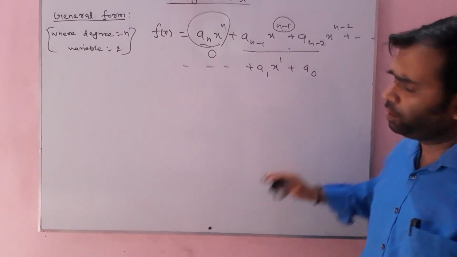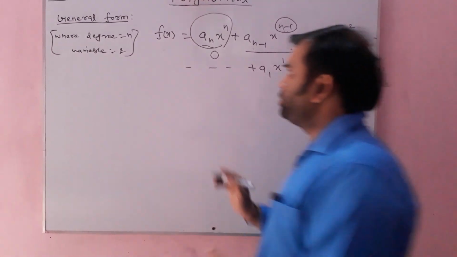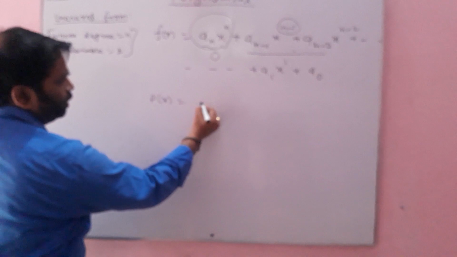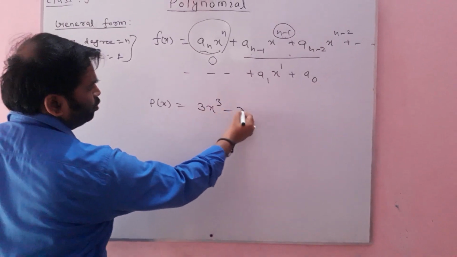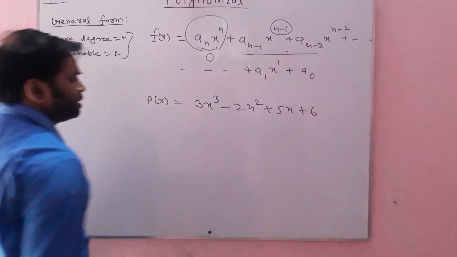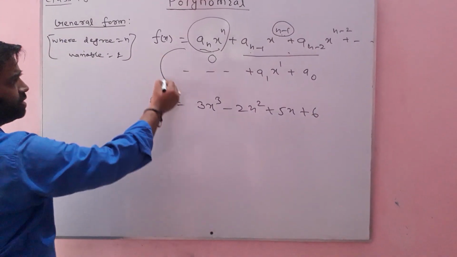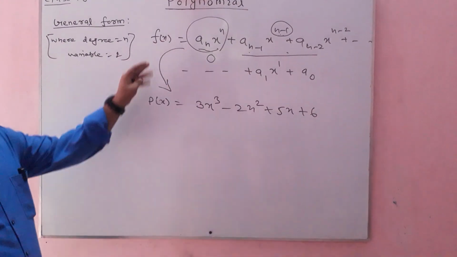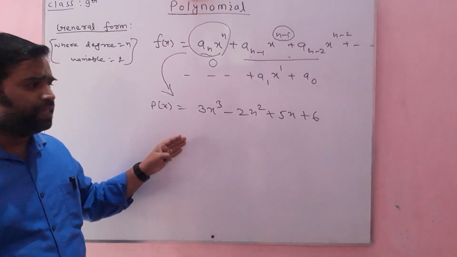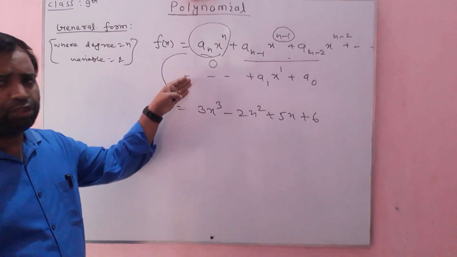General form of the polynomial. Let p(x) is equal to 3x^3 minus 2x^2 plus 5x plus 6. So how do we get the general form? What does it mean? It means every term goes into that form.